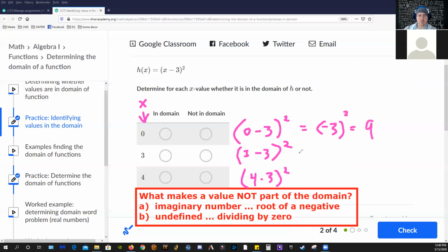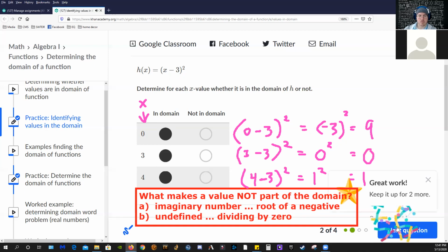That's fine. This would be 0 squared, which is 0, which is fine. Wait, that's a minus sign. Hang on. Back it up. 4 minus 3 is just 1 squared, which is 1. I think they're all good because none of those are imaginary. None of those are undefined. So they're all good.